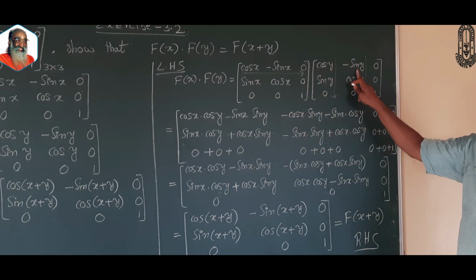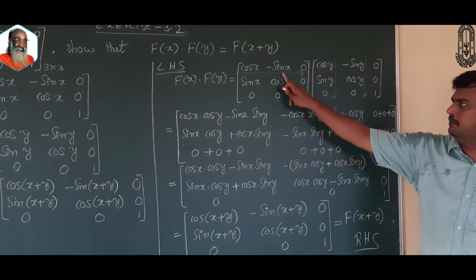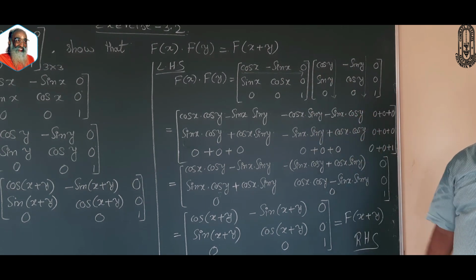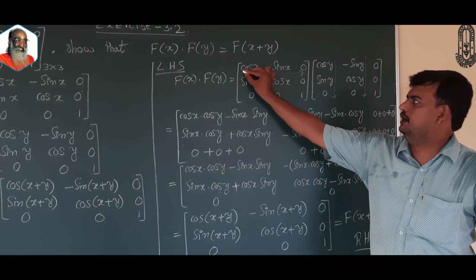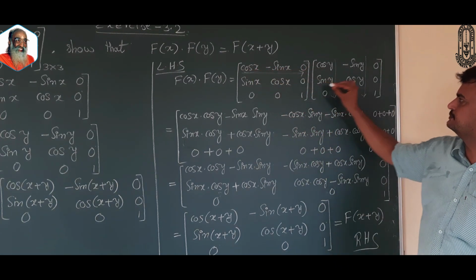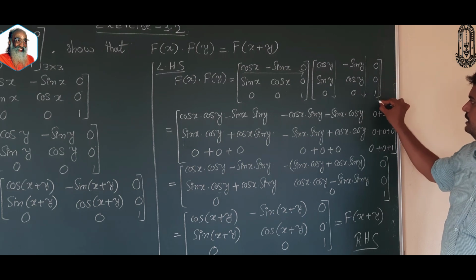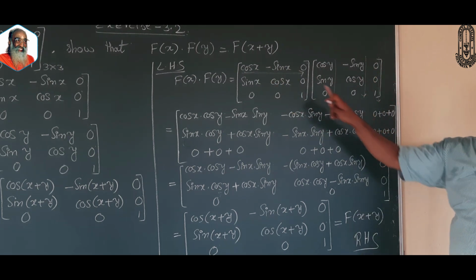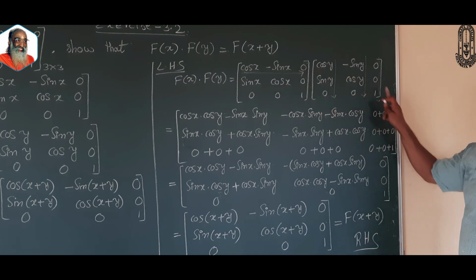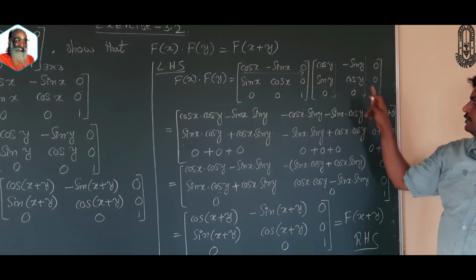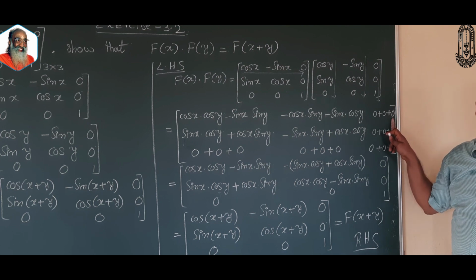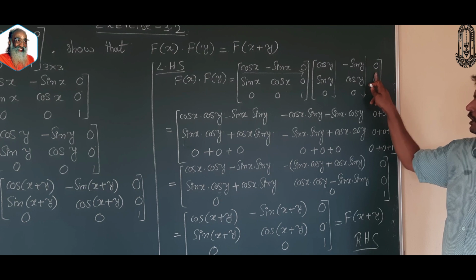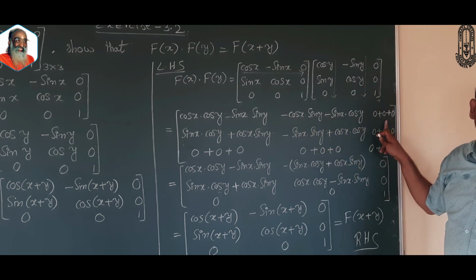Cos x into minus sin y minus sin x into cos y, 0, 0 is 0. Now again row 1 is multiplied with column 3 elements. Cos x into 0, 0 minus sin x into 0, 0, 0, 1 is 0. So with row 1, the products with the 3 columns are completed.